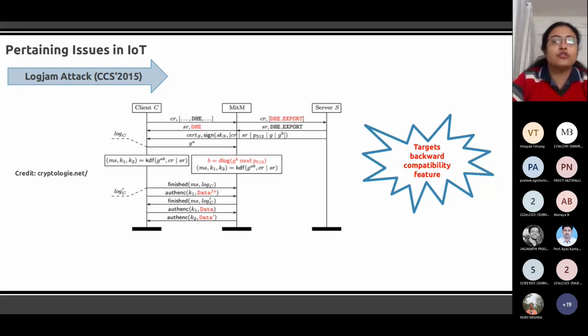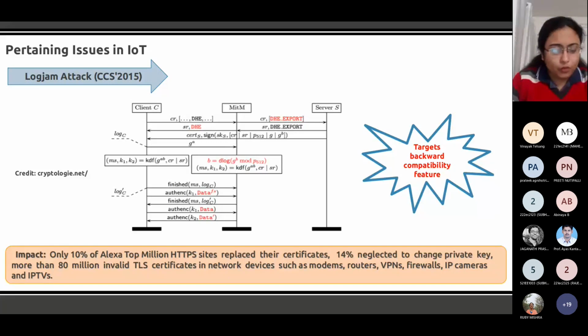So what we have to do is increase the key size. They suggested that please do not use RSA 512 anymore, please use RSA 1024-bit. But people were not so smart.